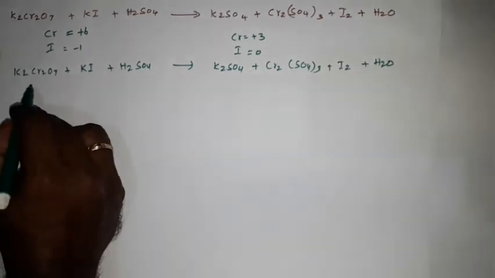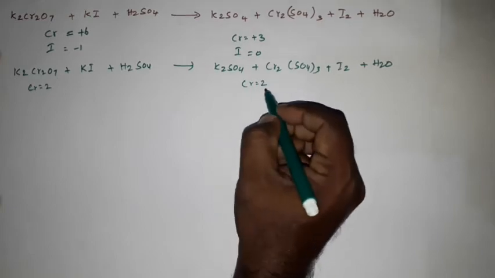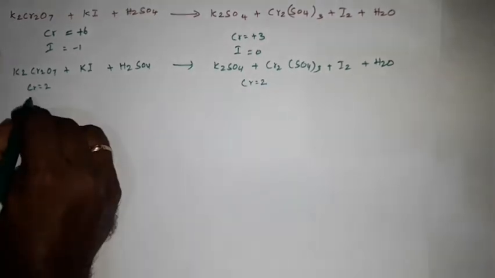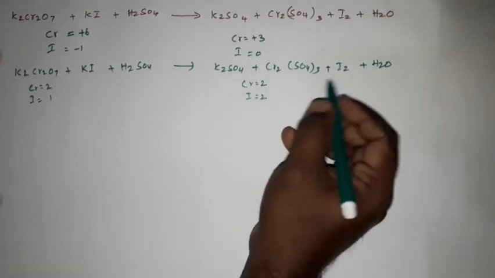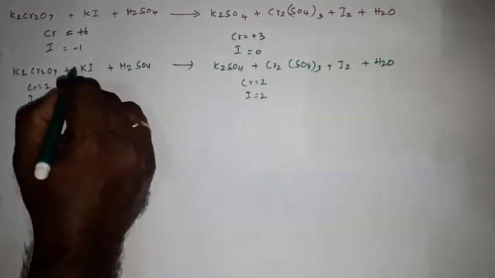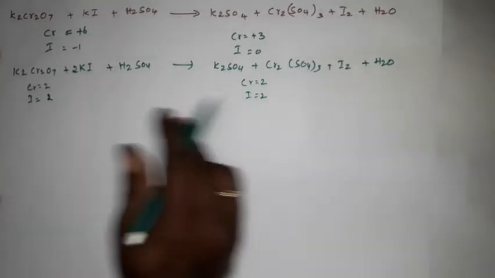Here chromium 2 atoms, here also chromium 2 atoms. So chromium is balanced. Now iodine, here only 1, here 2 iodine atoms. So put 2 here. Now iodine is 2. So now equation is balanced.